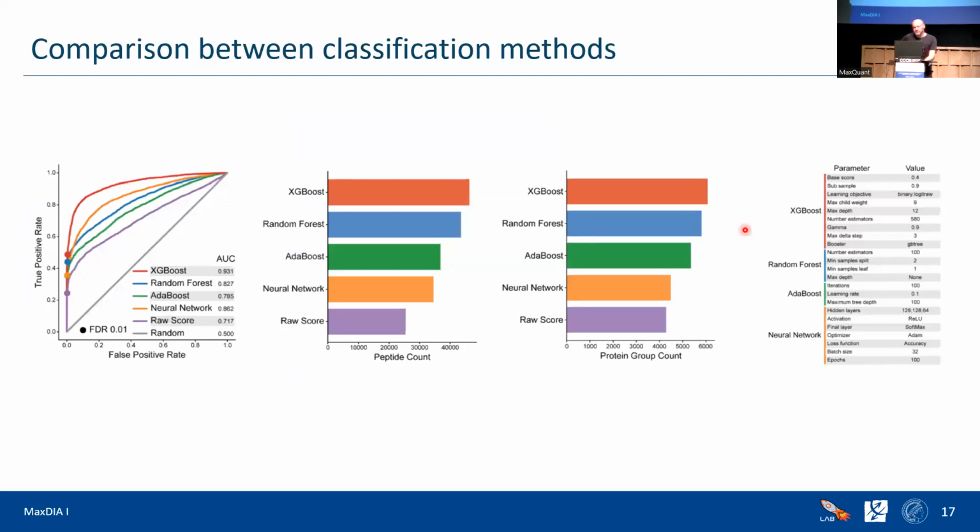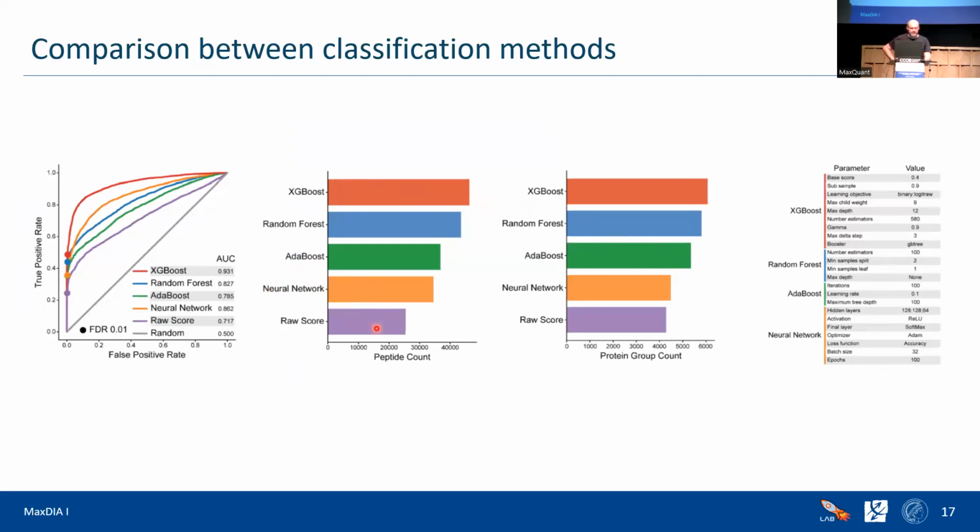Okay, then we tried different algorithms for this classification problem. For example, we took XGBoost, random forest, AdaBoost, and neural net. The neural network is a fully connected, multiple hidden layer deep learning neural network. And of course, we tried just using the raw score itself.